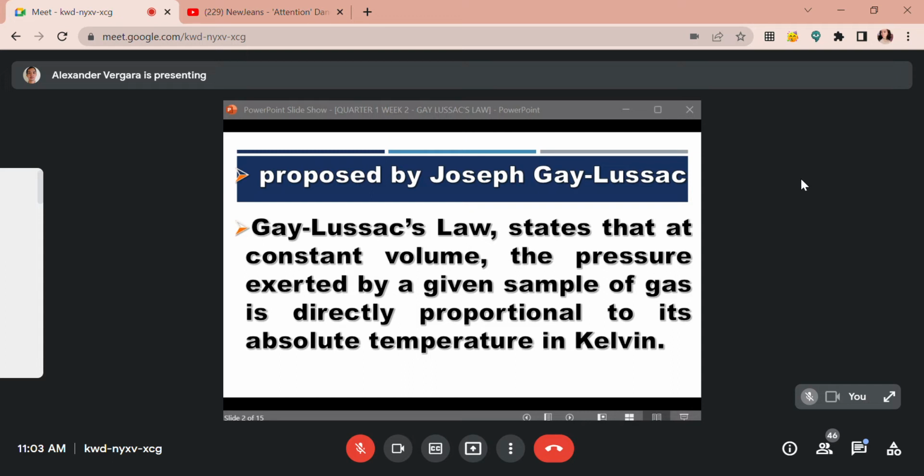Okay? So, meaning to say, if the temperature increases, what will happen to the pressure? It will increase also. On the other side, if the temperature decreases, then what will happen to the pressure? It will also decrease. So, let's proceed to the next slide.